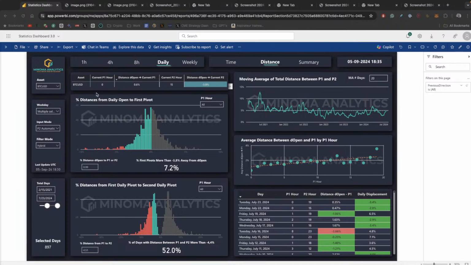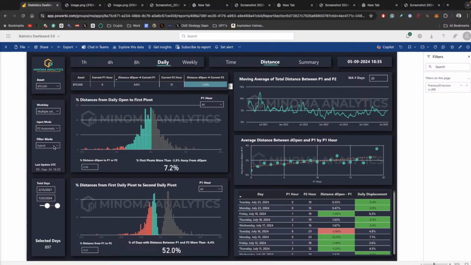What you have to imagine is that hybrid filtering acts as no filtering unless the current P1 is after hour 1. So say you say, okay, I want to have that holistic approach because P1s happen very often during hour 0 and 1, so I want to go to that no filtering.